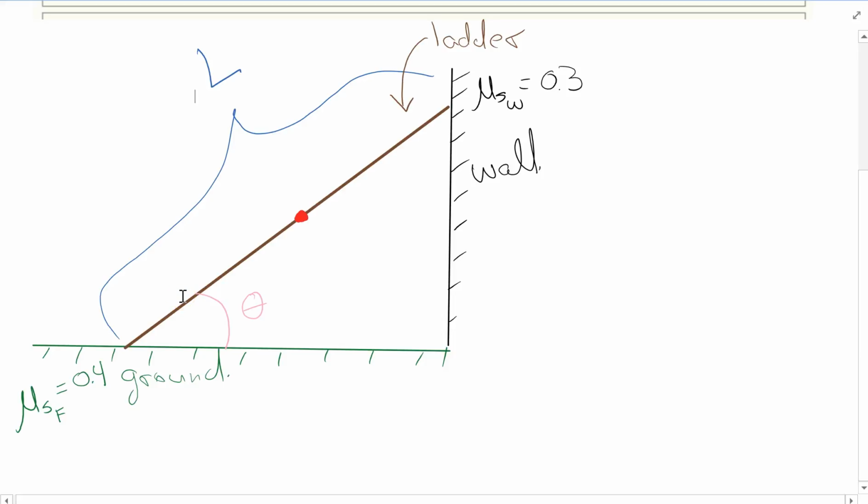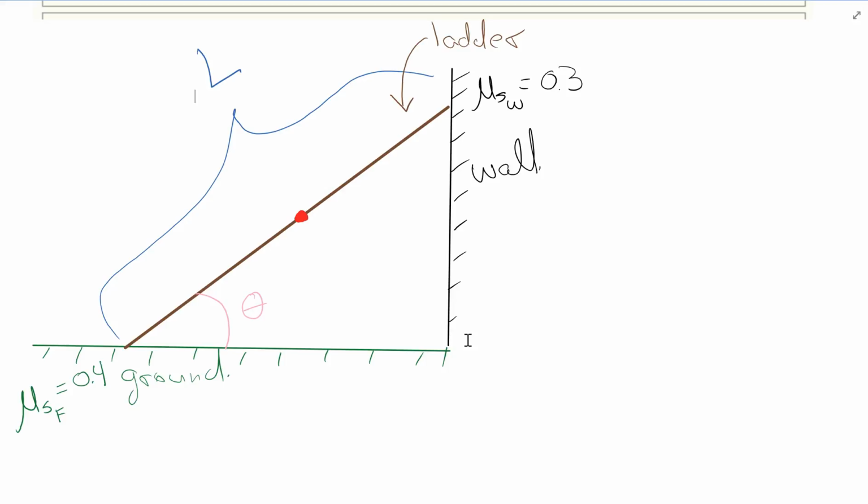Now on this picture, we're going to draw all of the forces that are acting on my system, on my ladder. This is going to be useful for two things. Number one, this will be really useful for solving the sum of forces equations, because we need our free body diagram to write out a sum of forces.